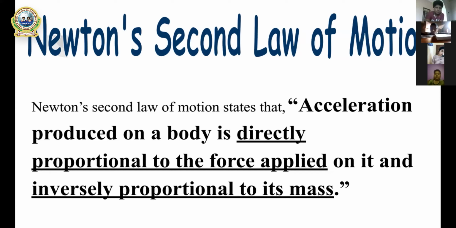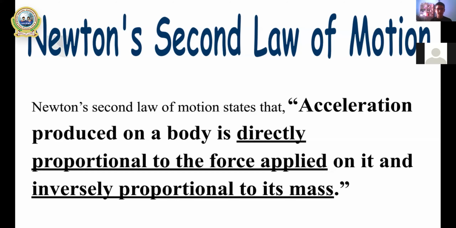So the statement here is trying to tell us the relation between acceleration A and force F, and the relation between acceleration A and mass M. The relation between acceleration and force is direct, which means as we increase the magnitude of force for moving the body, the acceleration of the body also increases.